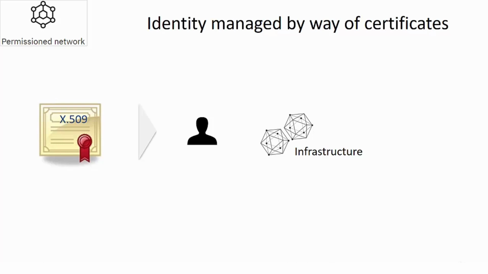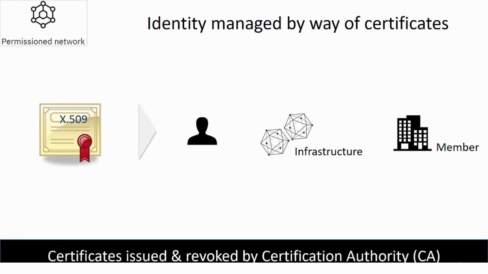In effect, every single infrastructure component in the Hyperledger network must have a valid certificate to become part of the network. Members are the legally separate entities, and so even they are assigned an identity by way of a certificate. Certificates follow the typical process of issuance and revocation by the certification authorities in the network.